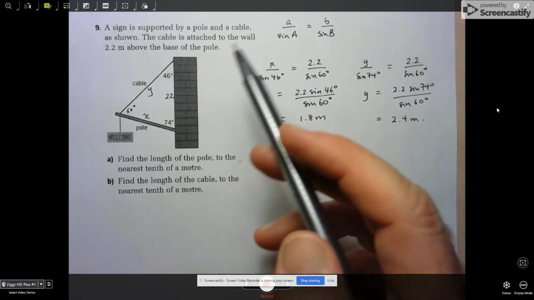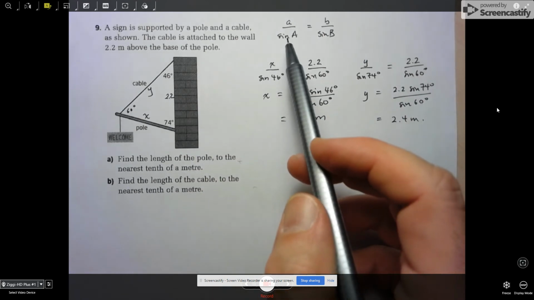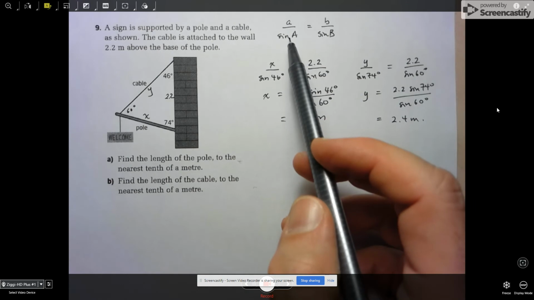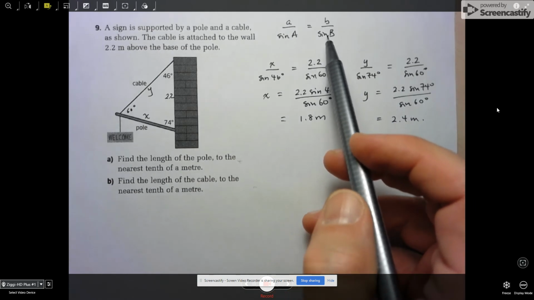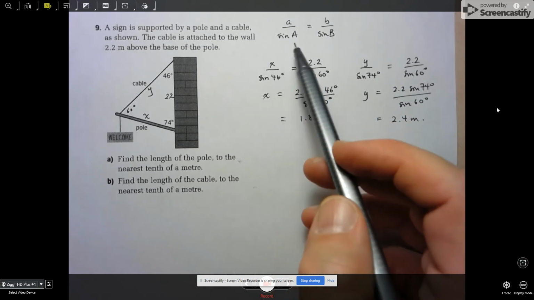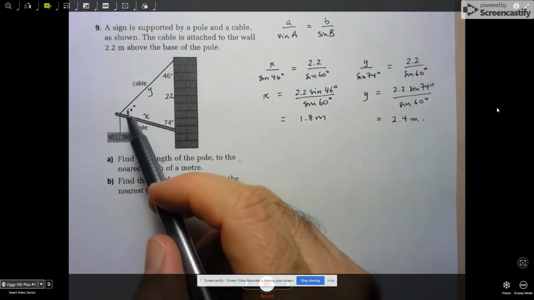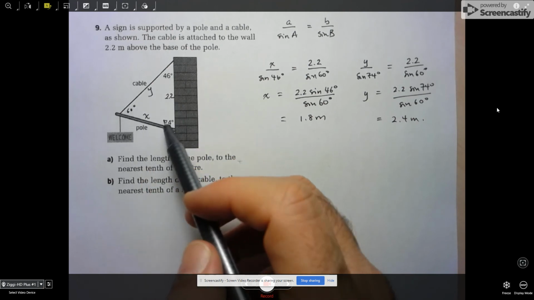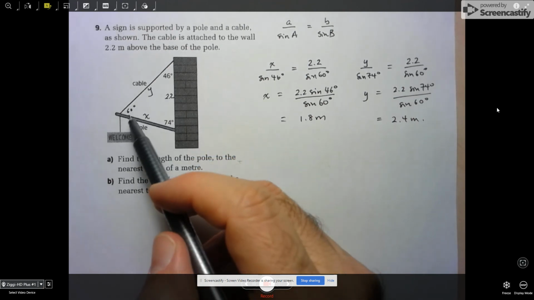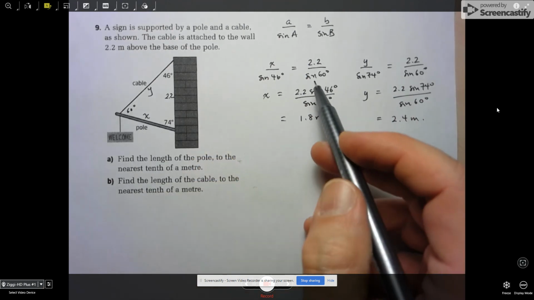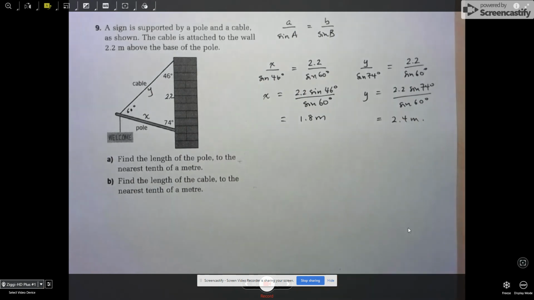In order to use the sine law, you need two combinations, a side and its opposite angle and another side and its opposite angle, and only one of those can be an unknown, which is what I had here. However, I did have to do a little bit of work using the fact that the sum of the angles in a triangle is 180 to find the missing one that I needed, and then from there set up two equations, and we're done. That's it for this one.